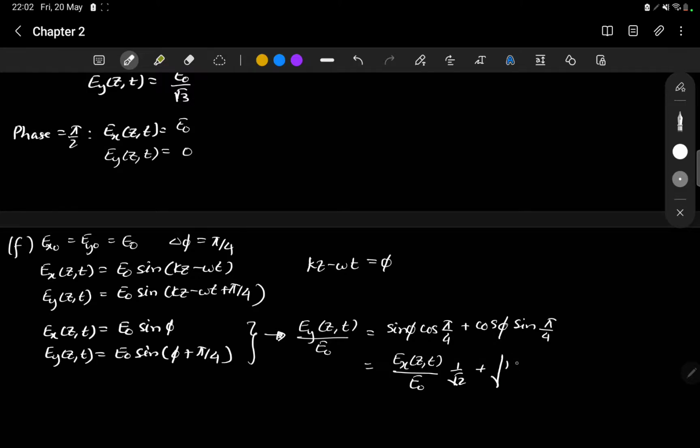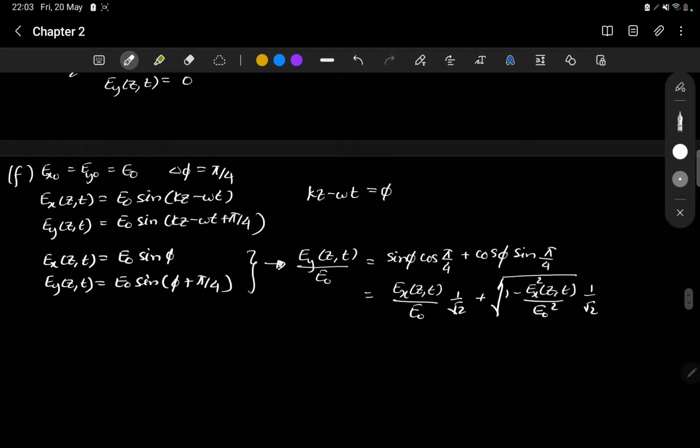So this we will write as square root 1 minus Ex squared over E naught squared, and then sine pi by 4 is also 1 over root 2. This comes from a bunch of identities that we have used.